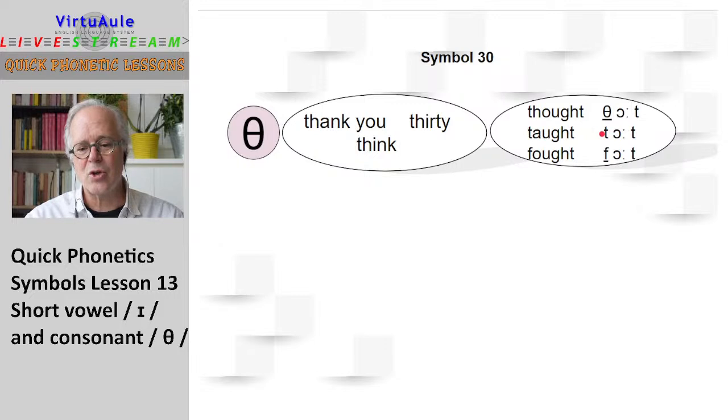This is taught. And fought is another word. This is fought. Okay, we'll talk a little bit more about how you form this, but just to listen to the difference, I'll read one more time. Thought, taught, fought.